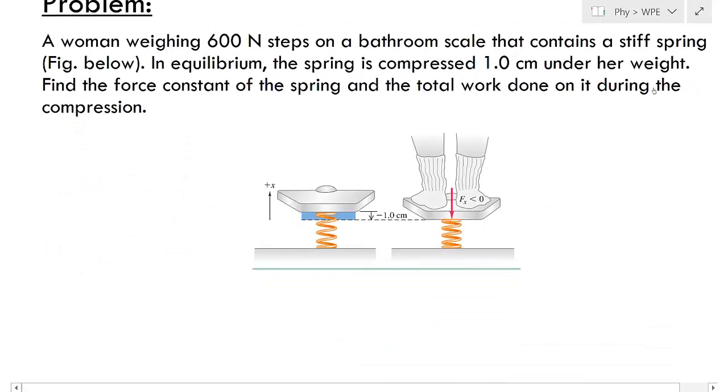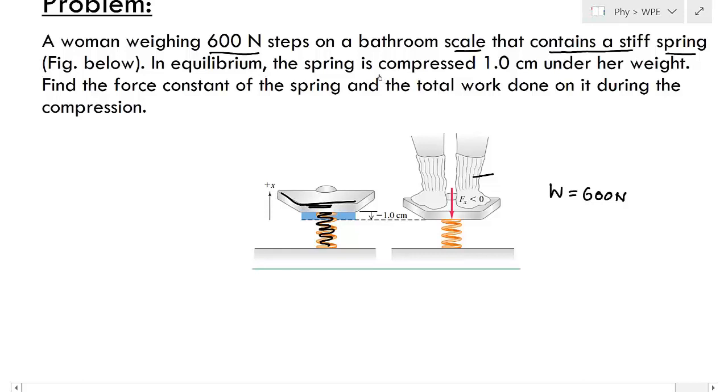So in this problem, a Bowman weighing 600 Newton. So the weight of Bowman is given, and that is 600 Newton. Steps on a bathroom scale that contains a stiff spring as shown in the figure below. So this is the scale, and this is a stiff spring on which she is standing, and this spring will be compressed.